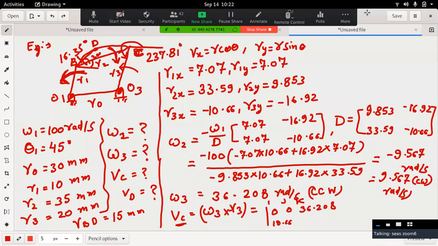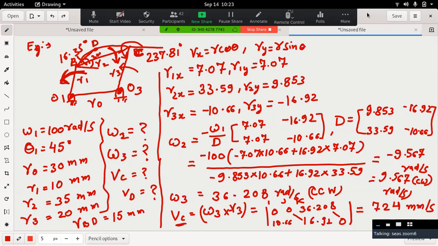Remember, I am considering minus R3, so I am just using 10.66, and then the second term is 16.92, and this third term becomes 0. When we further do the multiplication, we get a value of approximately 724 mm per second.